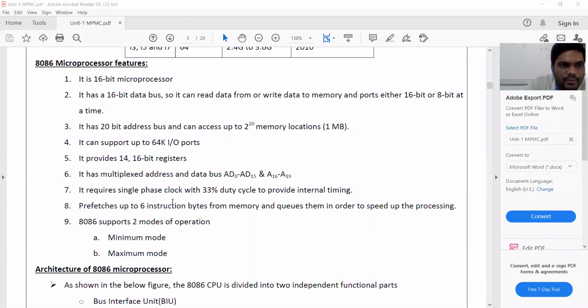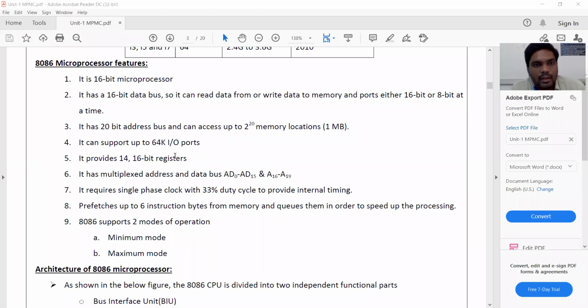Coming to the next feature, it requires a single phase clock with 33% duty cycle to provide internal timing. You know the importance of clock frequency, as the microprocessor is itself a clock driven device.